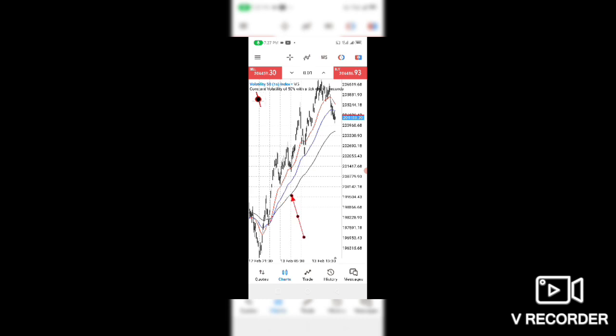This is period 200. The truth is, the larger the period of a moving average, the lower the sensitivity of that moving average, and the greater the accuracy, by which I mean the greater the trend characteristic of that moving average.